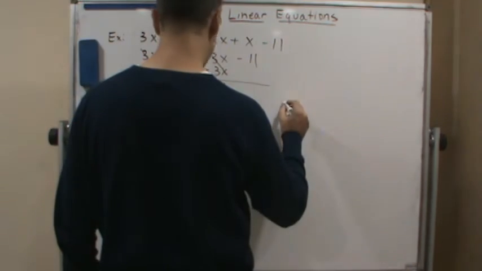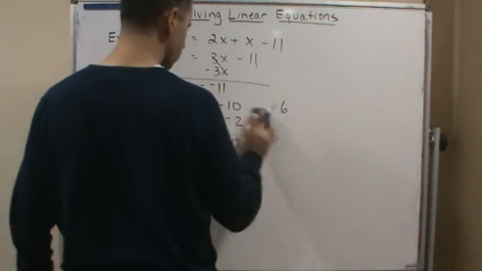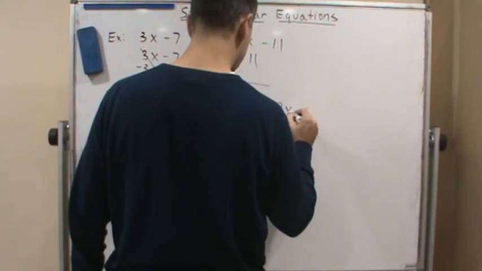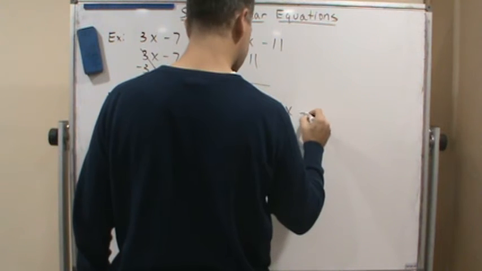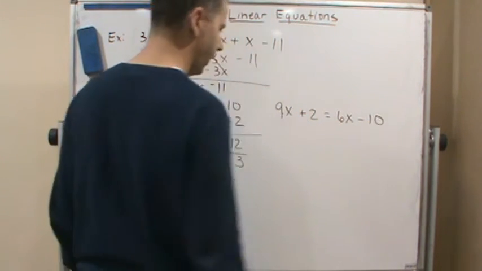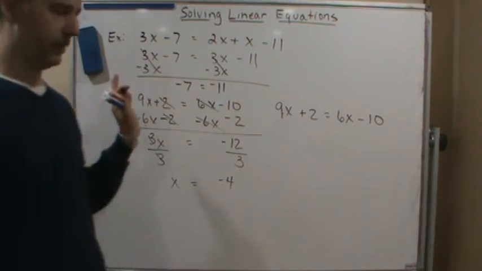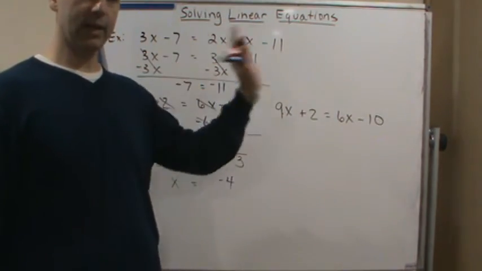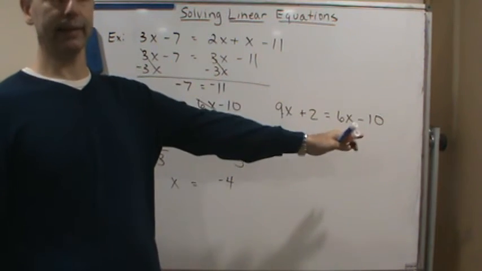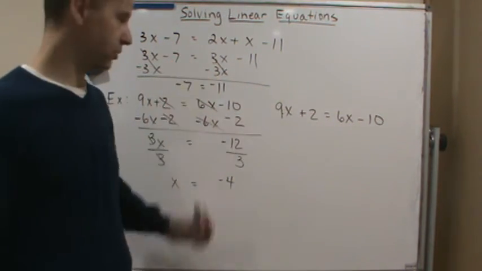Now let's do it another way. So let's say I have the same equation. So 9x plus 2 equals 6x minus 10. So now let's move the x variables to the right and move the constant terms to the left.